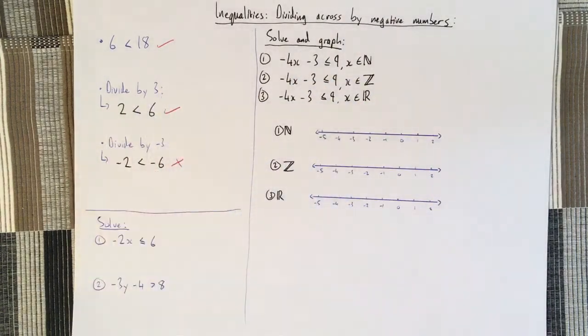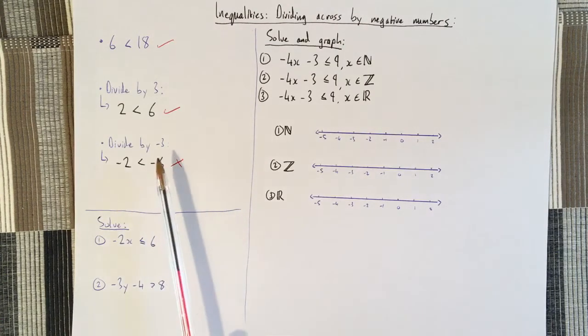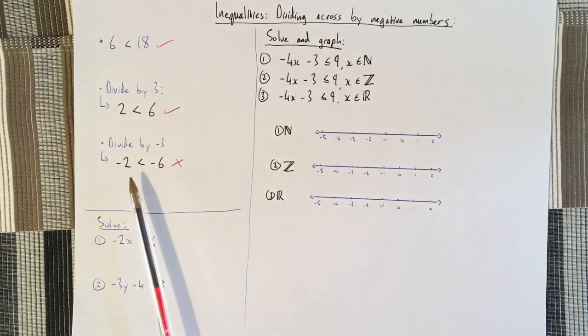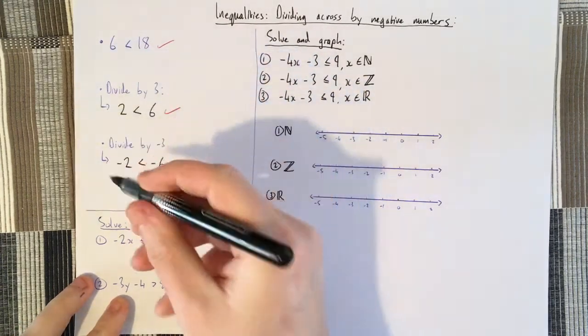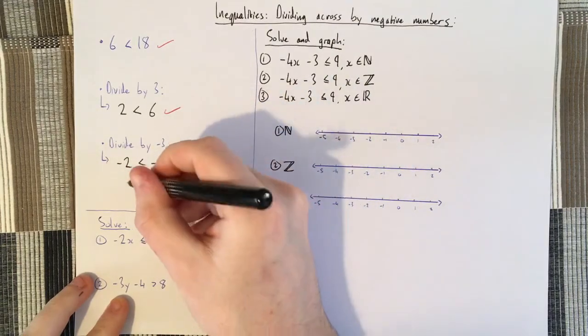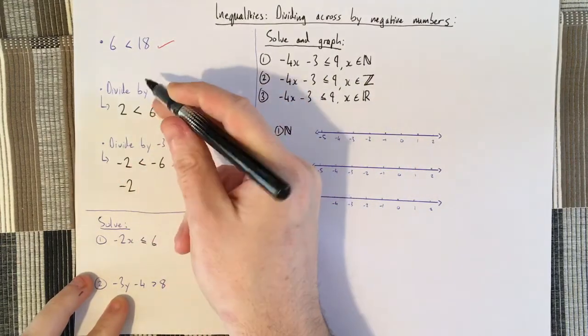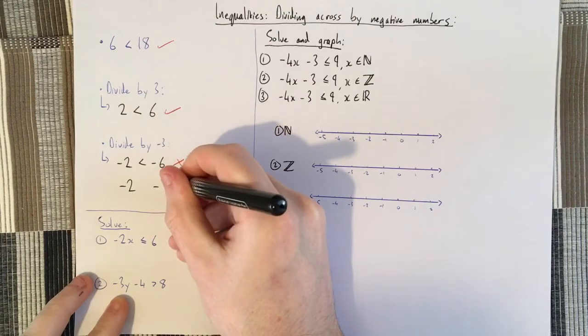So when I divide both sides by a positive, that's fine. Your inequality will still hold. When you divide both sides of an inequality by a negative number, it's not true anymore. What can I do to keep this inequality true, to make sure it still holds? You flip the inequality. So 6 divided by minus 3 is minus 2, and 18 divided by minus 3 is minus 6.